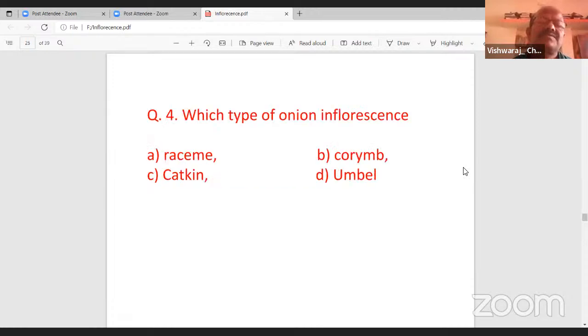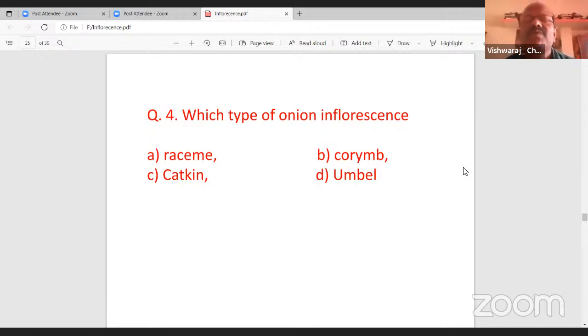Fourth, in which type of inflorescence is onion? We have seen racemose type of inflorescence. Options: A, raceme, B, corymb, C, catkin, and D, umbel.